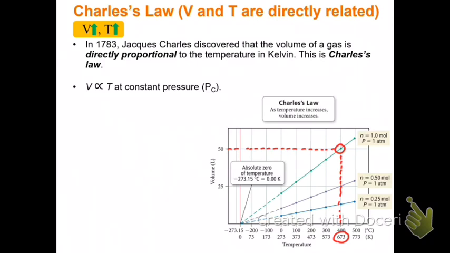So if we decrease the temperature by half, 673 divided by 2, we get 336 kelvins, so it's probably roughly right here. And you would expect the volume to decrease by half. And as you can see, when you decrease the temperature by half, the volume also decreased by half.